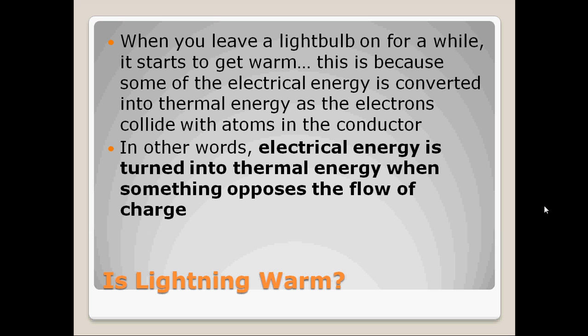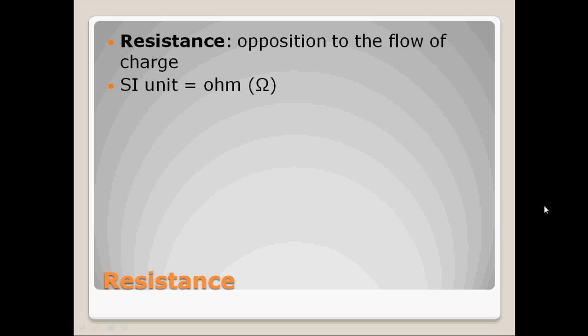So what we can do to determine how much our atoms in our material are going to get in the way, or in other words, how much we're going to oppose the flow of charge, how much electrical energy is going to be converted into thermal energy, we can look at something called resistance. So resistance is just a measure of how much opposition there is in our material that's going to prevent the flow of charge or the flow of current through that material.